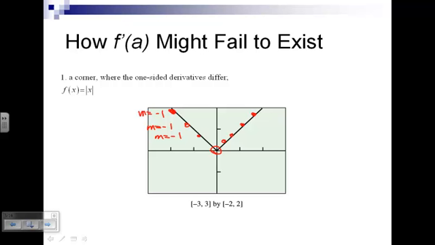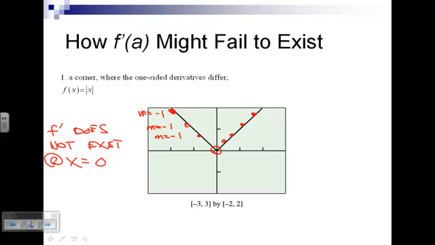So we say that in this situation, f prime does not exist at x equals 0. Now this is going to happen whenever the graph ends up having a corner.